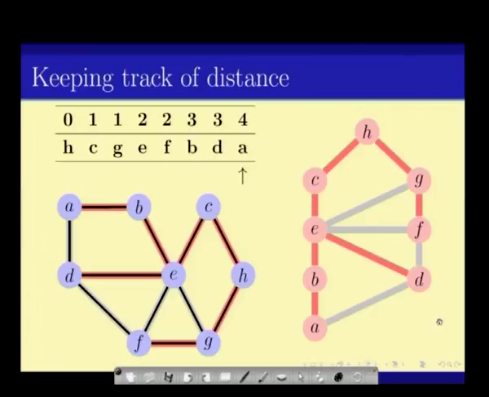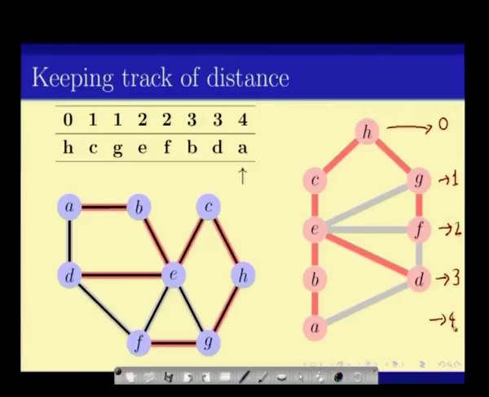Now, one point to note here is that let us look at the graph on the right hand side. The red edges are the edges that have been selected. Now, what are the edges that are not selected? I can represent this one as distance 0, this whole layer as distance 1, this whole layer as distance 2, this whole layer as distance 3, and this layer as distance 4.